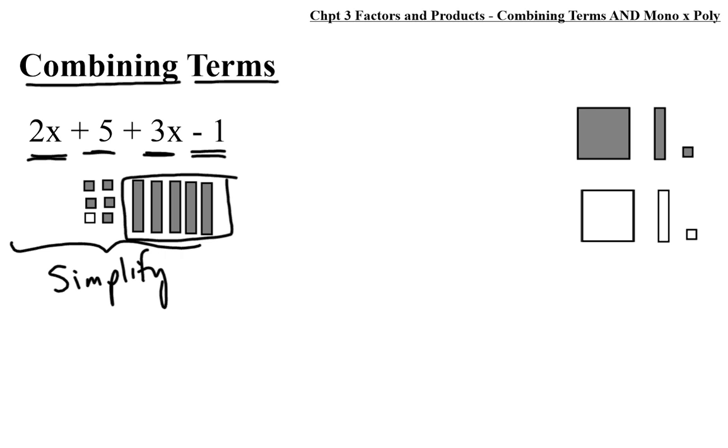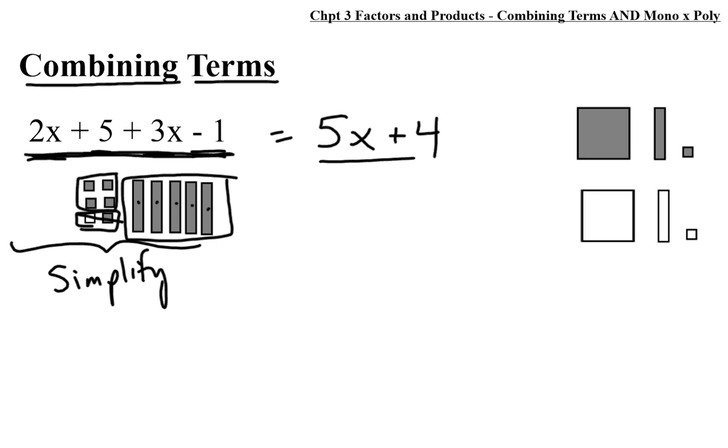If you look here, we have 1, 2, 3, 4, 5 x tiles. What else do we have? Remember, a positive and a negative of something are additive inverses, zeros, and they cancel out. After we cancel, we're left with positive 4 units. So this 2x plus 5 plus 3x minus 1 can be simplified by combining the terms to become a binomial, 5x plus 4. So there's what we're doing to combine tiles.